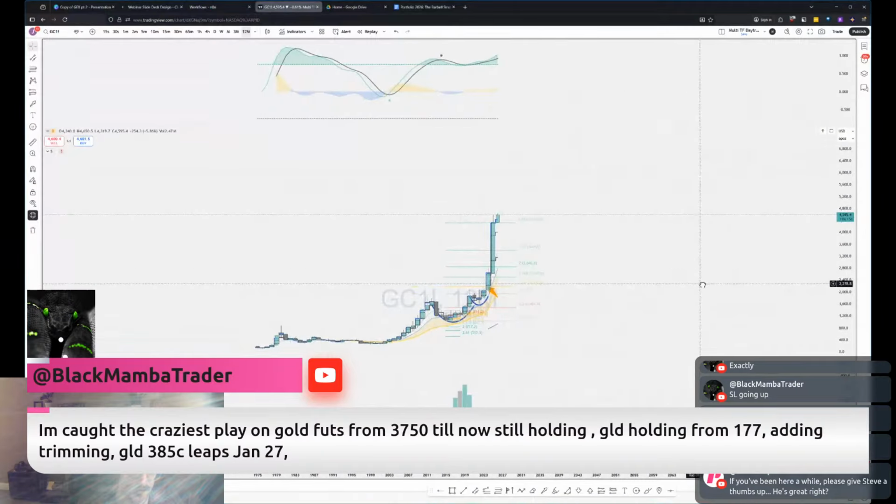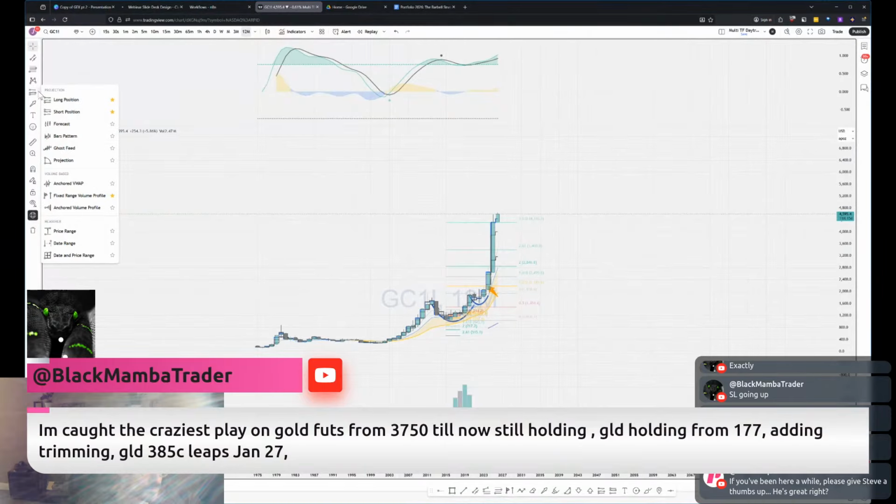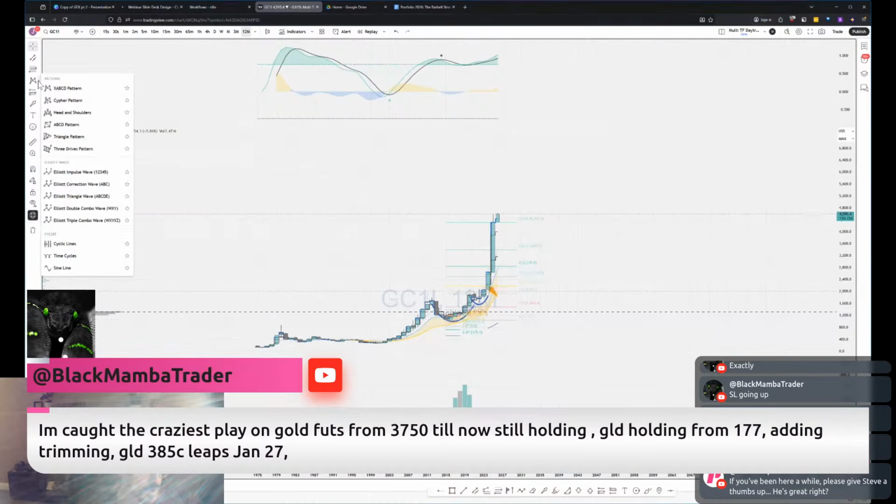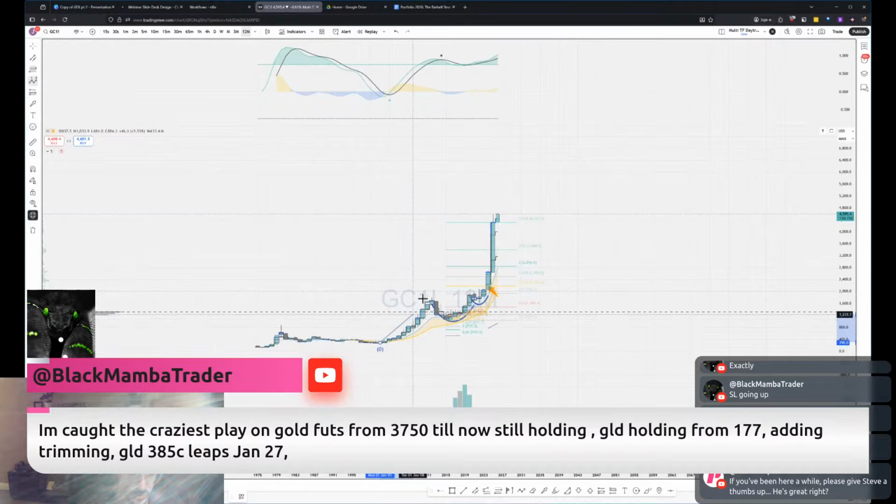So any Elliott wave guys out there, we have 5 wave impulse patterns that generally play out. So there's the 0 to 1, there's the 1 to 2, then you have the biggest wave, 2 to 3. Then you have 3 to 4, which is usually mostly a sideways correction. Then you have 1 impulse move up. So, few basic Elliott wave rules.